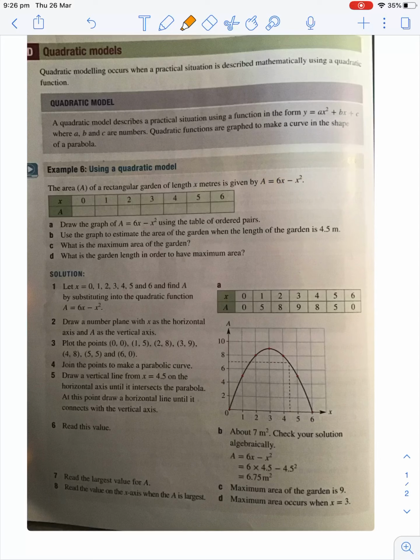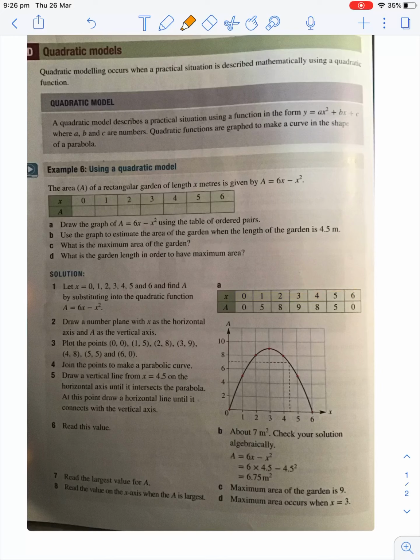When you're graphing any sort of line, or especially non-linear lines, ones that are curvy, you want to be using a table of values. It makes it so much easier because it tells you exactly what points this line is on, so you can see exactly where your line is. Remember, make your x values nice and simple.